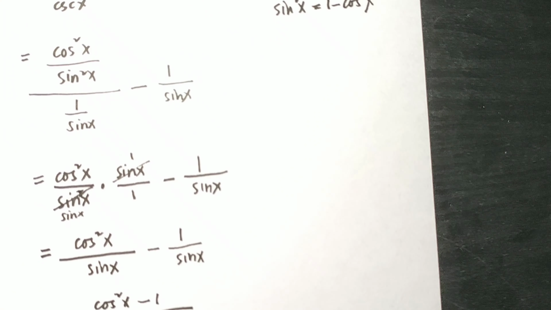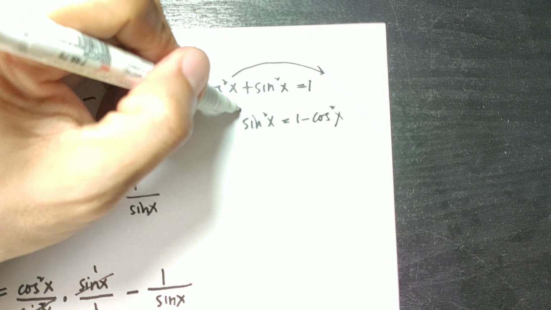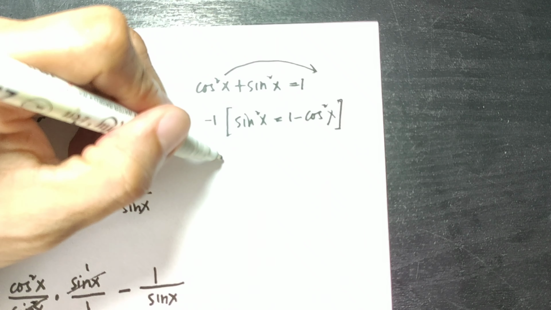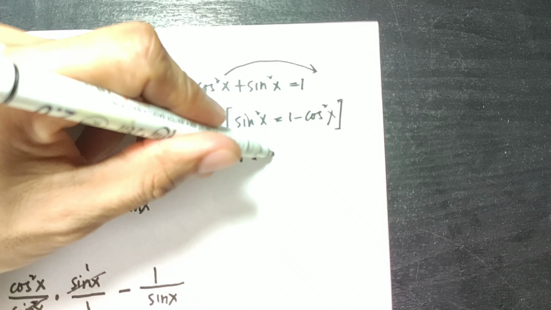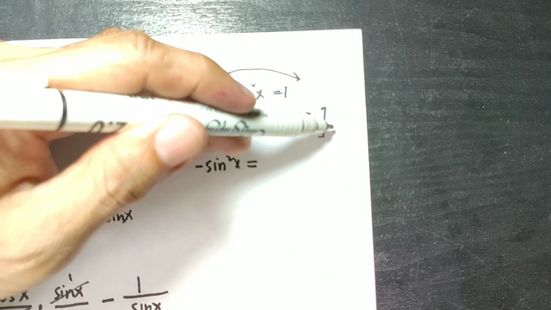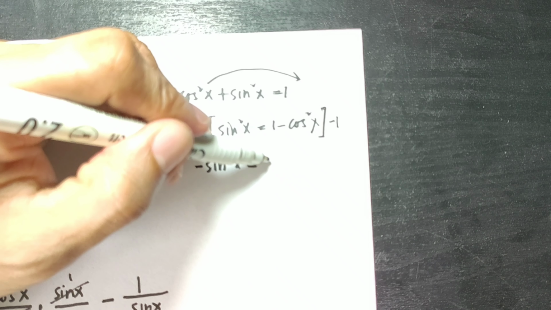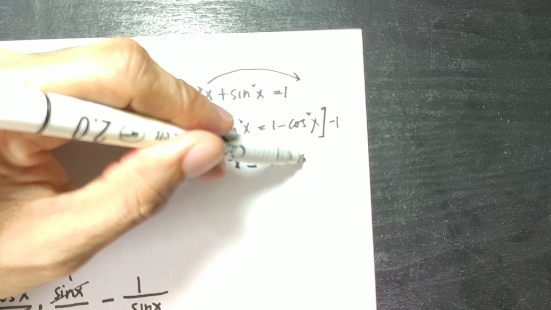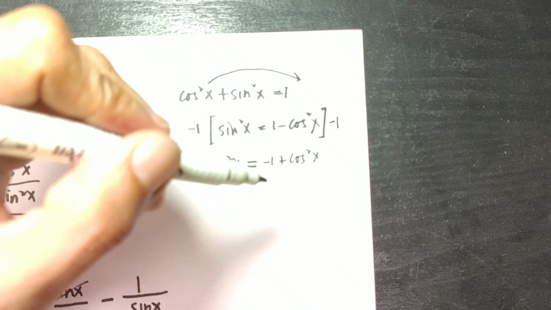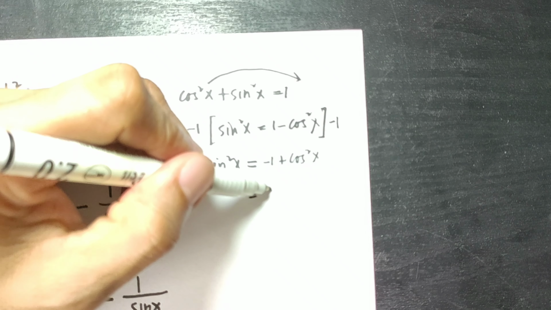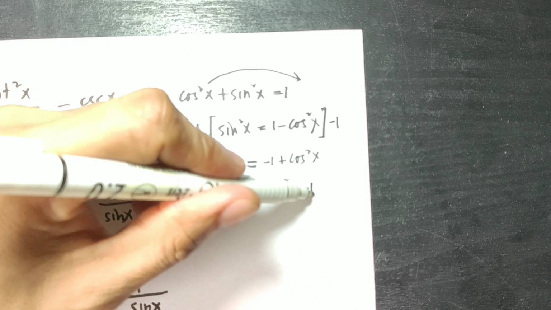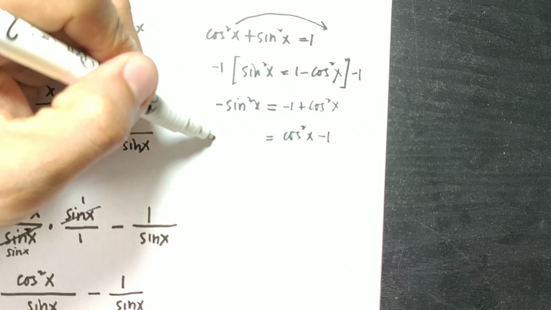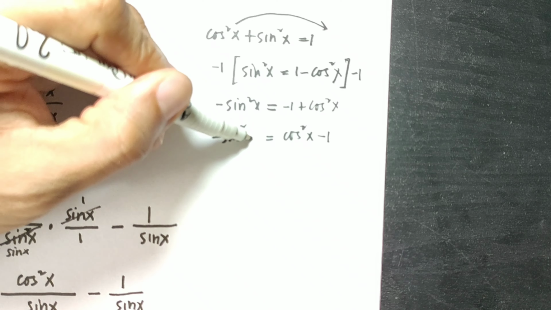So with that, multiplying both sides by negative 1, so that will become negative sine square x equal to, multiply this also by negative 1, so negative 1 times 1 is negative 1. Negative 1 times negative cosine square x is positive cosine square x. And arranging these terms will become cosine square x minus 1.